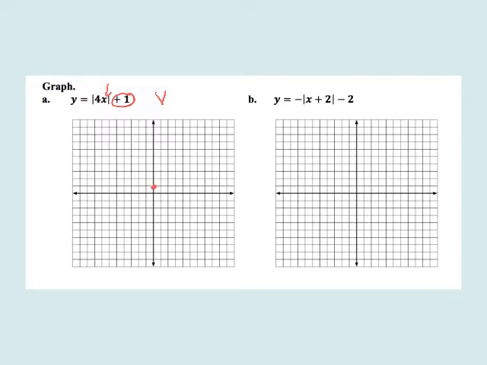So I'll start by putting a 1 on the y-axis. Then, since there is a 4 in front of the x, I'm going to turn that into a fraction because it's in slope-intercept form. And I'll write up 4 over 1 from my point, and I'll put a dot. And I'll do it again just so I get 2 dots. And I'll connect those together with a straight line.